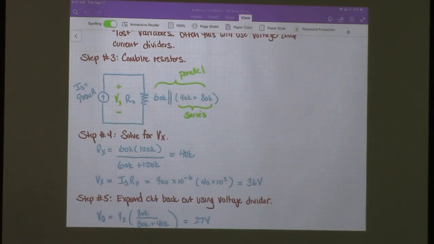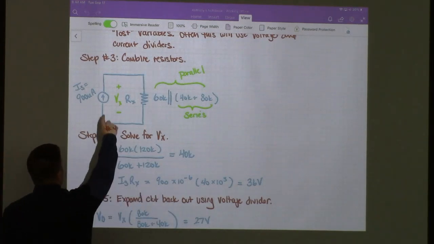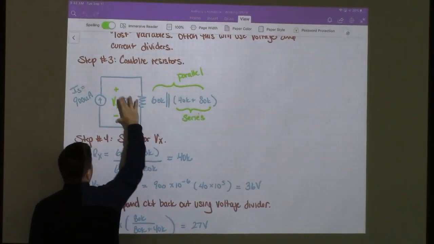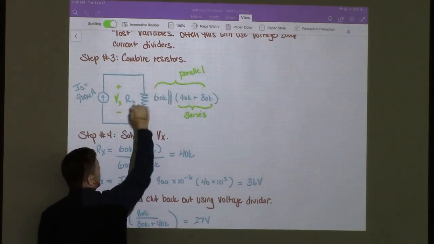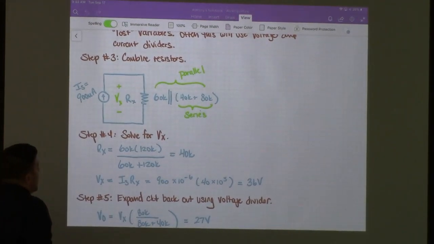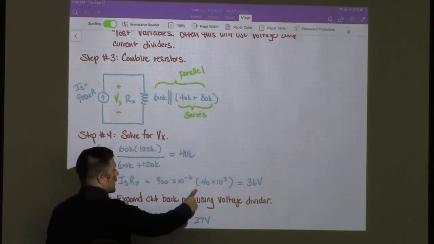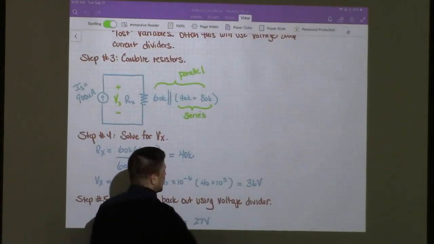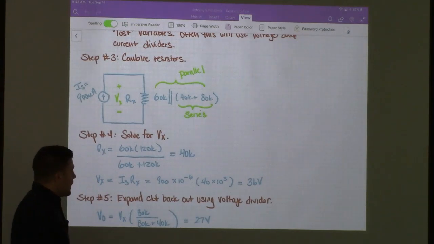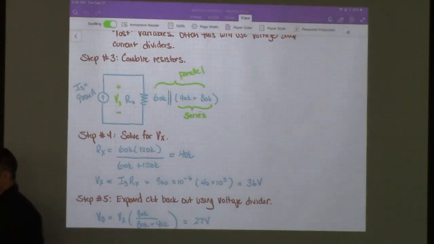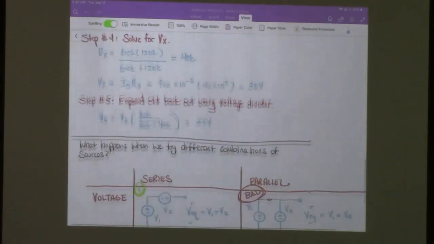Let's be careful. This current will be flowing from the positive to the negative terminal if we assume that the voltage refers to Rx. And so we have 900 microamps times 40 kilo ohms, which is 36 volts. And then we can expand it back out using the voltage divider, and that gives us 27 volts.